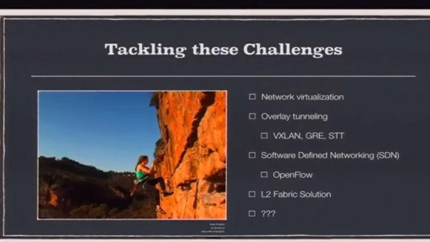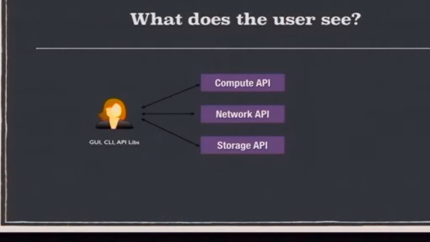So taking all these components together, we had to ask, how do we distill these down? And really, what are the basics of Neutron? The first thing we always looked at is, what does the end user see? When you're using an OpenStack deployment, you see the compute API, the storage API, the network API, but ideally the user shouldn't have an idea of what's behind them.